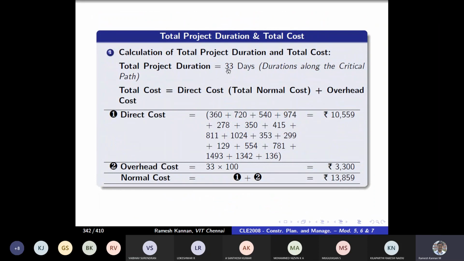We know that the project duration is 33 days, and the overhead charge per day is 100. So for 33 days, which is the actual project duration, 33 multiplied by 100 will be 3,300. Direct cost plus overhead cost is the total cost. So the total normal cost equals 13,859, which is inclusive of direct cost plus overhead charges.